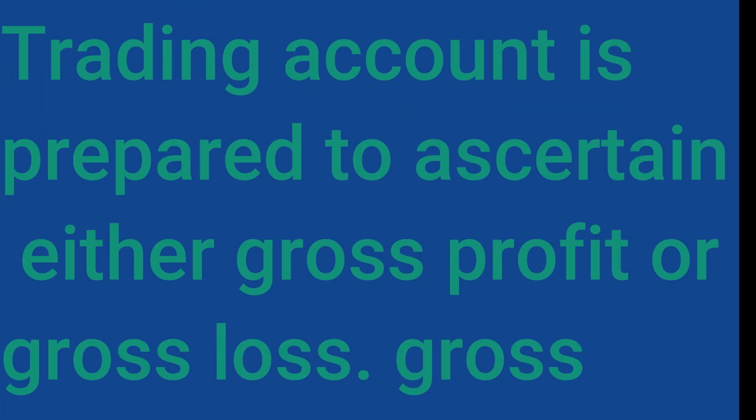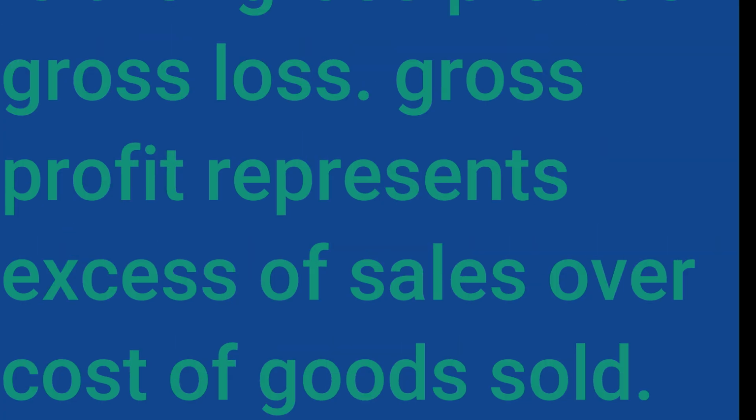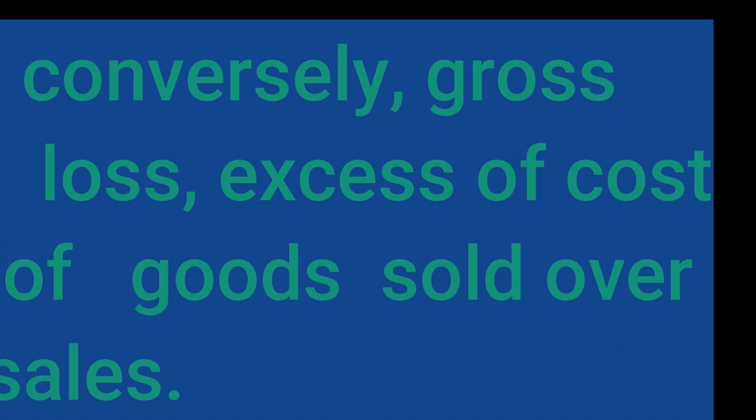Trading account is prepared to ascertain either gross profit or gross loss. Gross profit represents the excess of sales over cost of goods sold. Conversely, gross loss is the excess of cost of goods sold over sales.